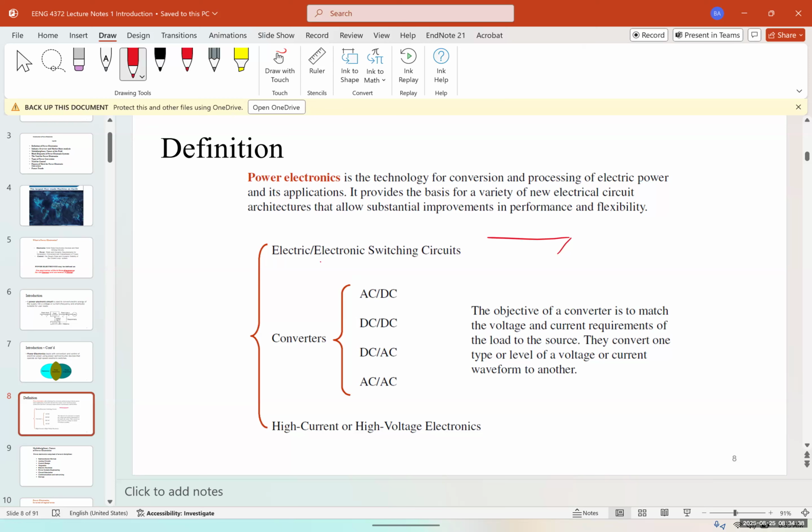So a bridge rectifier looked like this. This is the main type of rectifier. So we had 4 diodes. This was our output.